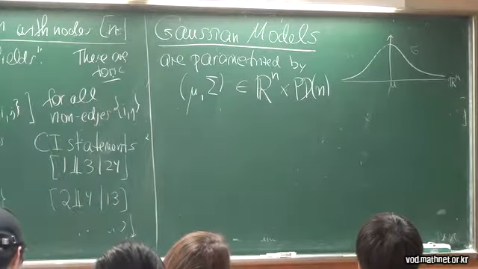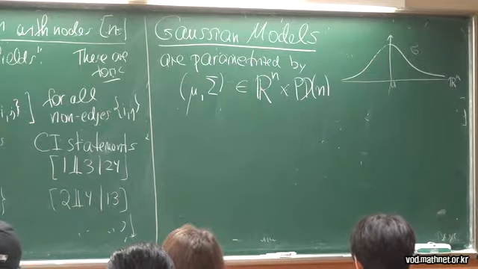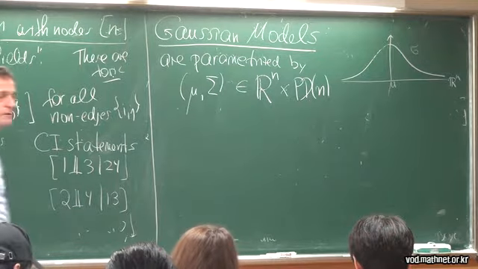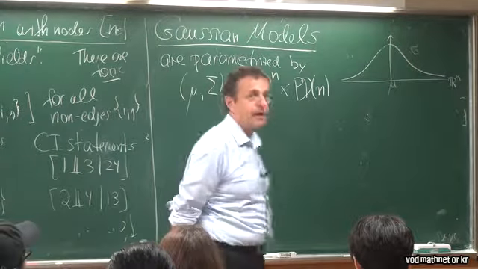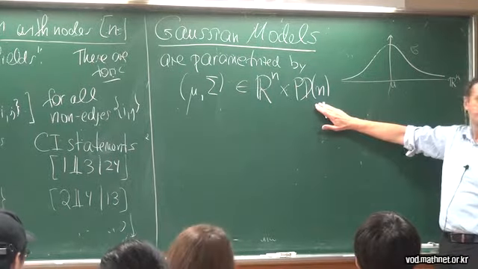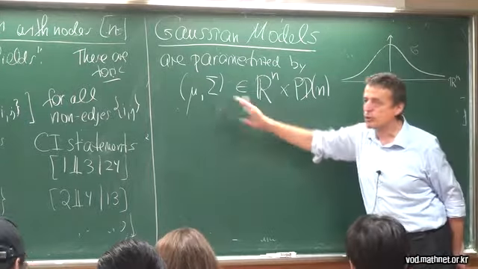So PD_n is the open, (n+1 choose 2)-dimensional convex basic semi-algebraic cone of positive definite symmetric real n by n matrices. That's the open cone of positive definite real symmetric n by n matrices, and that's the covariance matrix.